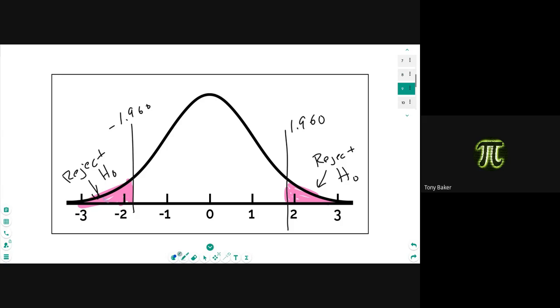We shade the outside edges. So anything outside of that, we're rejecting our null hypothesis. You'll understand what that means in a second. If it's inside, we fail to reject the null hypothesis.